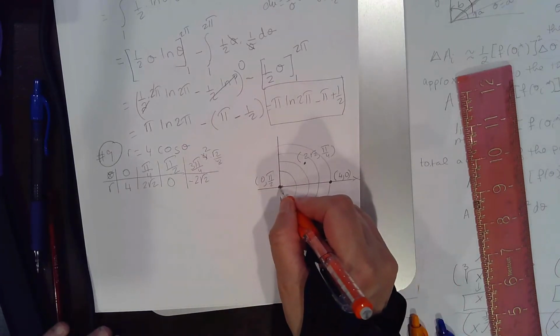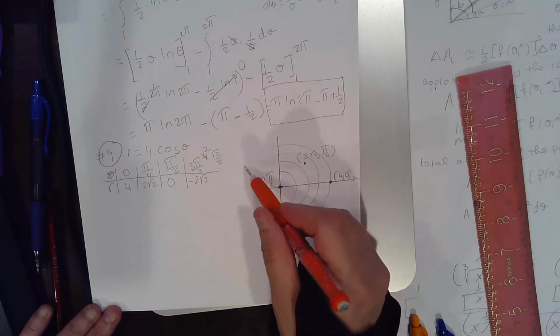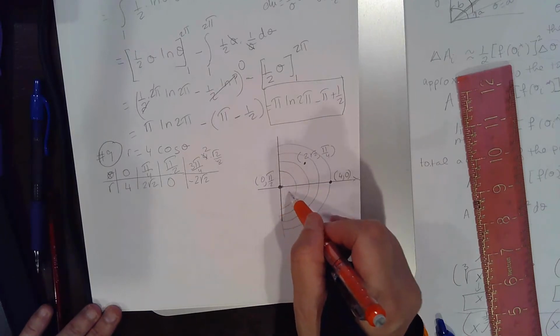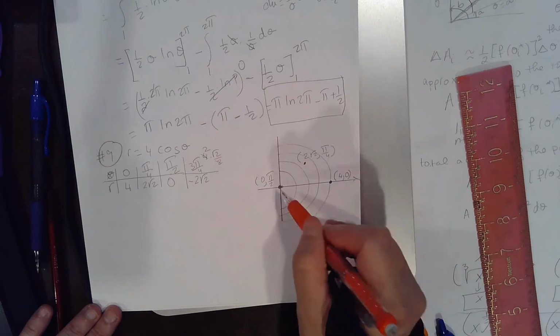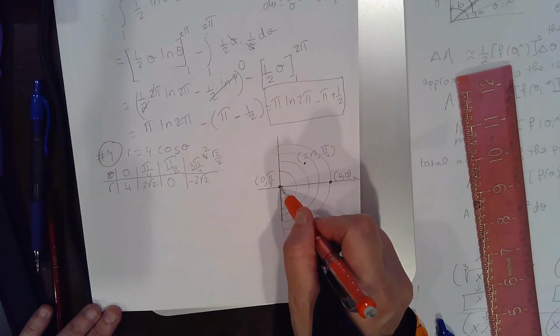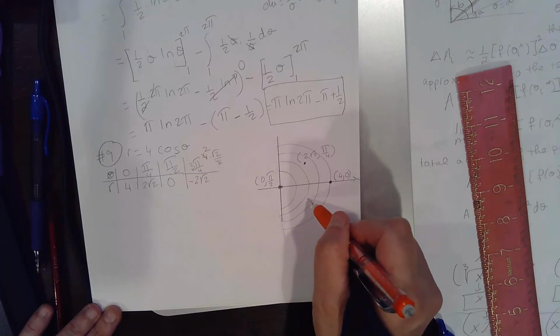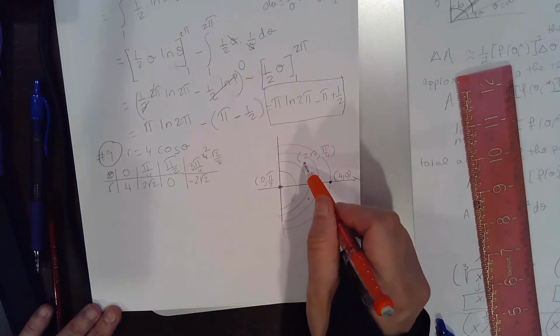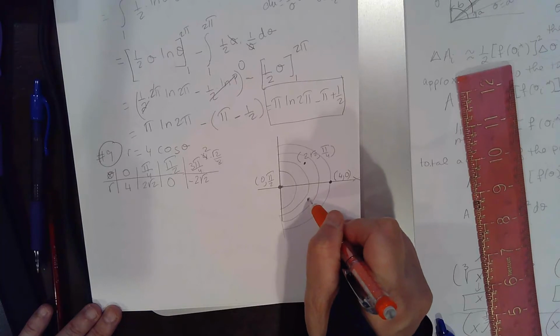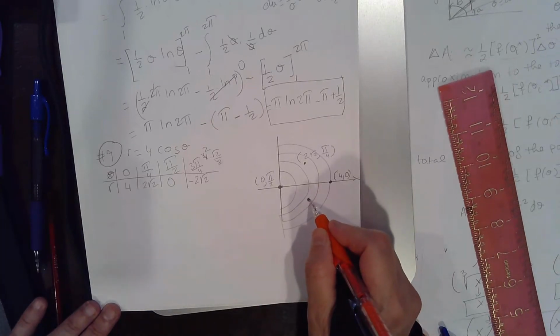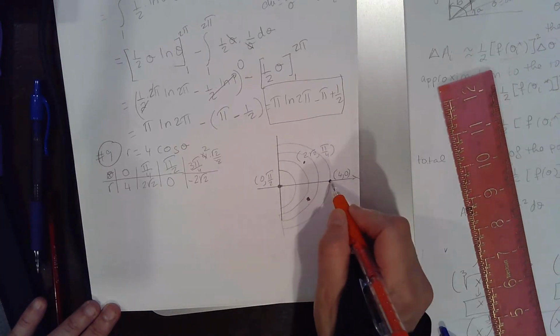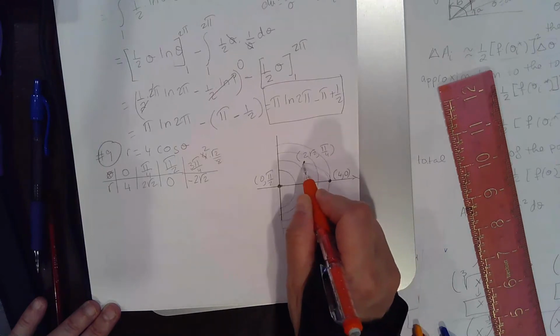So pi over 4 here, but you have a negative r, so you go in the opposite direction. So you're going to go negative 2 square root of 2, so 1, 2, so it's going to be roughly around here. And here we have, if we plug it in, this is a circle.